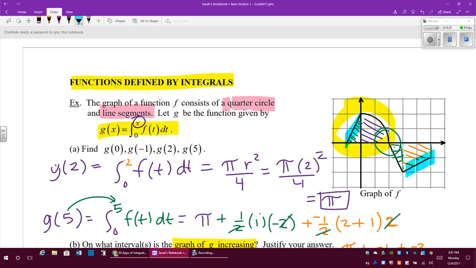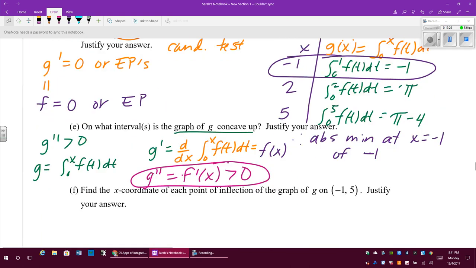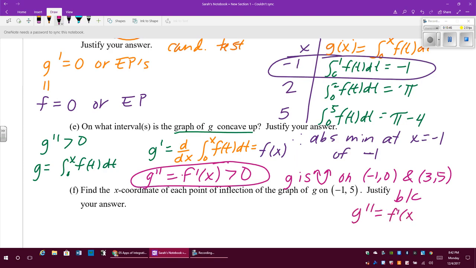So that tells me that since the slope is positive at those points, my graph of g is concave up on -1 to 0 and 3 to 5, because g double prime, which is equal to the derivative of x, is positive.